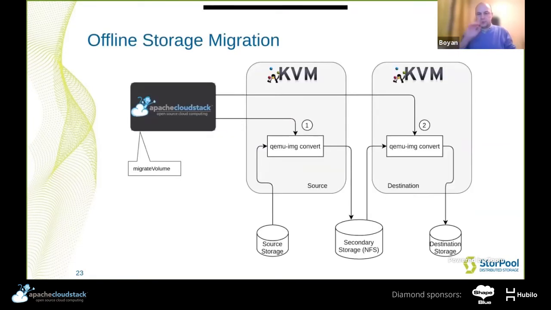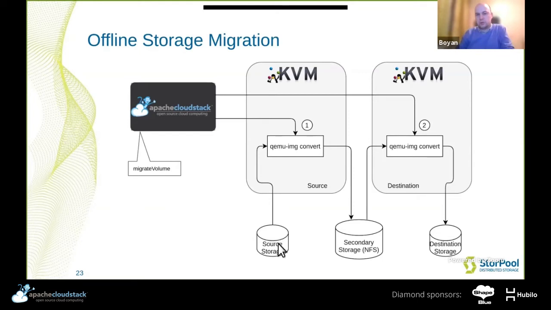We'll skip back for a second. So there are two types of storage migration. There is offline migration, which is performed using the migrate volume API call in CloudStack. And this is for volumes which are not attached to a VM.